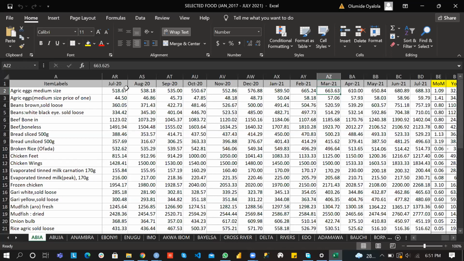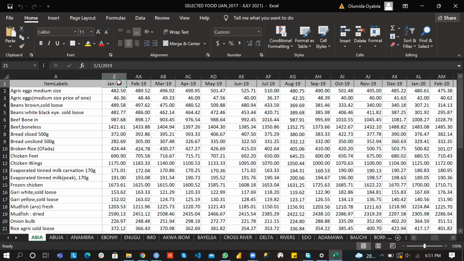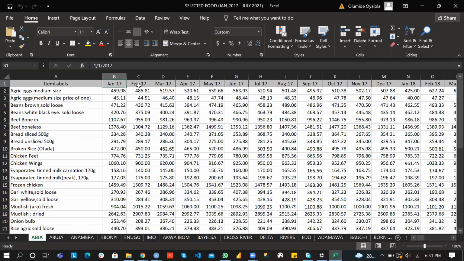If you notice, you'll realize that the columns actually have date information, right? So what happened is that we have the item label, which is the food item being tracked, on a particular column. And then we have the time points at which the data was collected, making specific columns, right?